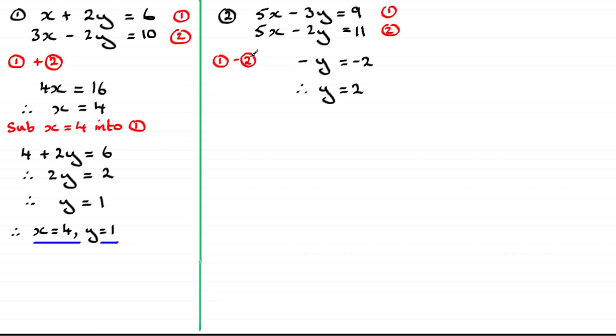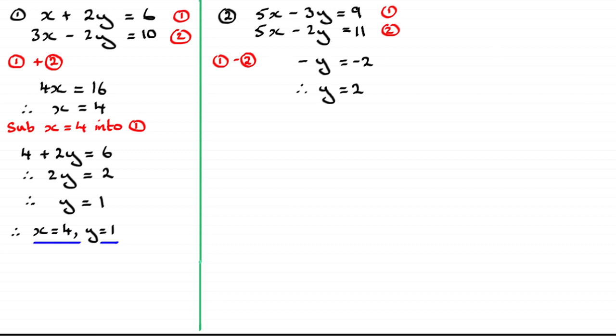Again, you'll end up with the same answer. The 5x take away 5x disappears, goes to 0. Minus 2y minus 3y becomes minus 2y plus 3y. That gives you y, and then you have 11 take away 9, which is 2. So you'll get to y equals 2, most probably a bit quicker, if you did equation 2 take away equation 1.